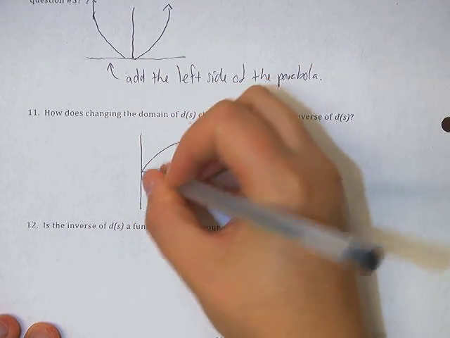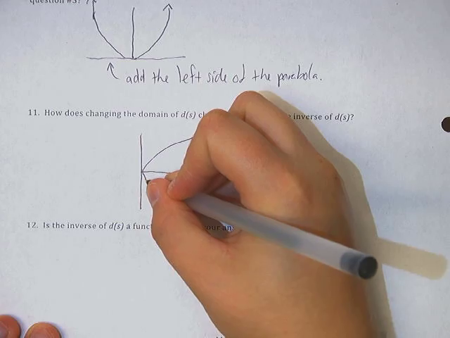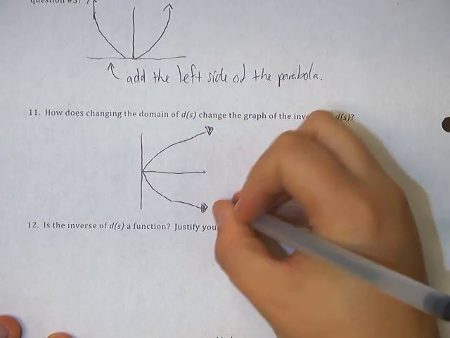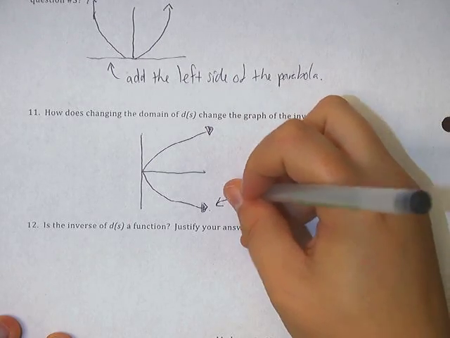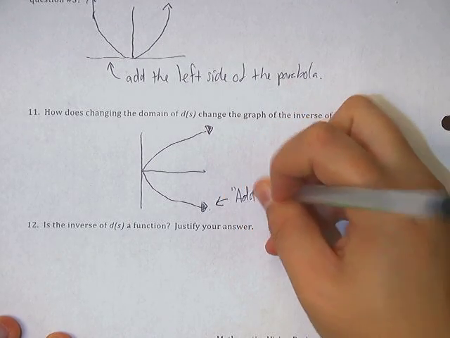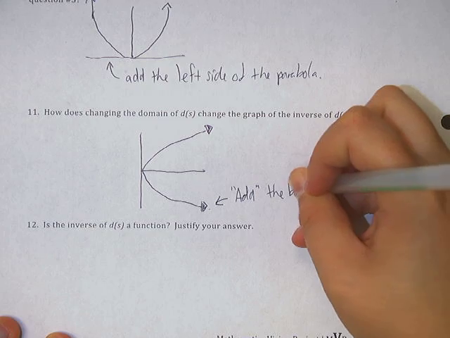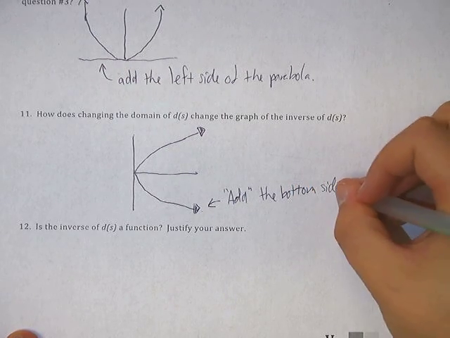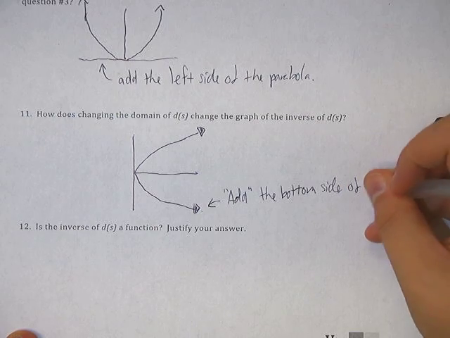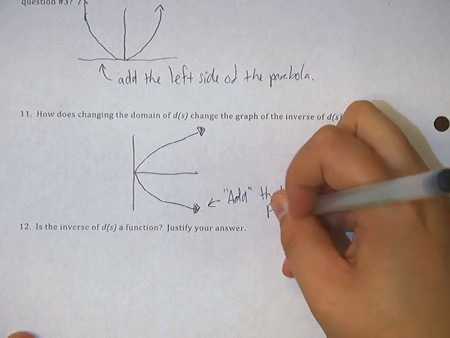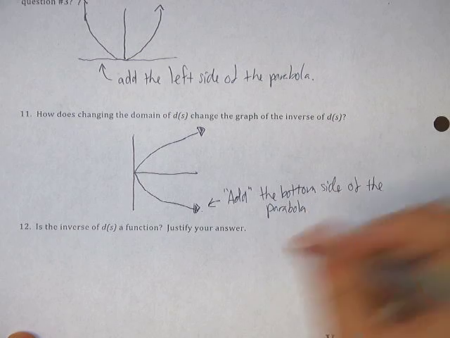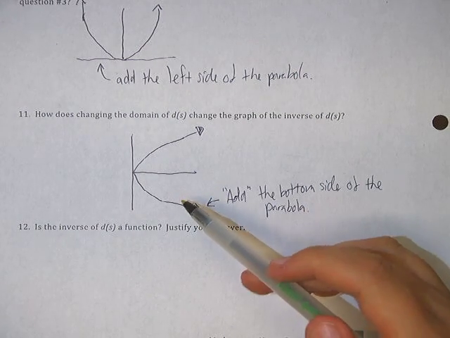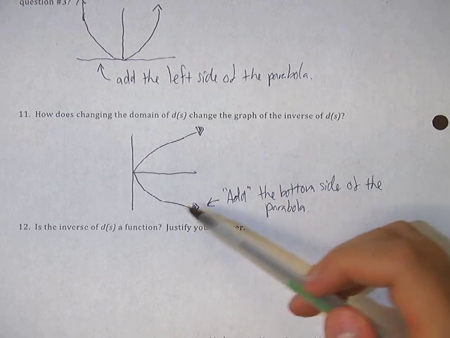How does changing the domain of D of S change the graph of the inverse of D of S? Well, something that's kind of interesting about the way that we did our graph originally. It kind of looks like this, right? If we were to allow negative numbers, if you were to plug in decimals or something, it would look kind of like that.